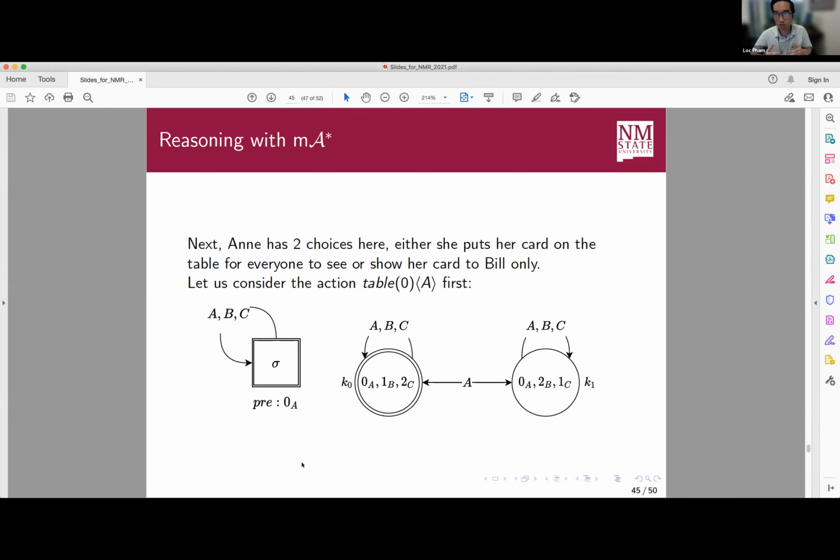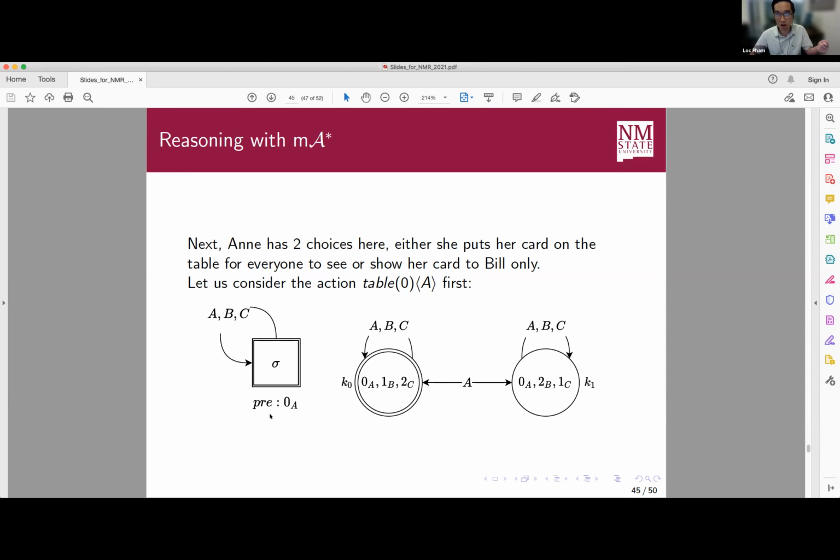First, if Anna chooses to put down her card on the table, then because everyone in the room can fully observe this action, the update model for this announcement action only has one event, whose precondition is that Anna must hold card 0 in her hand.